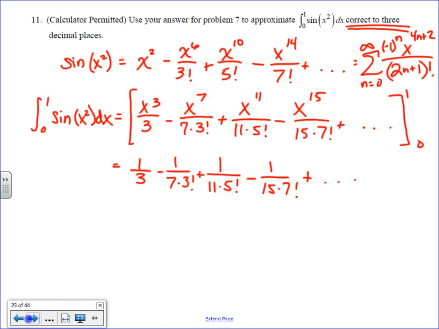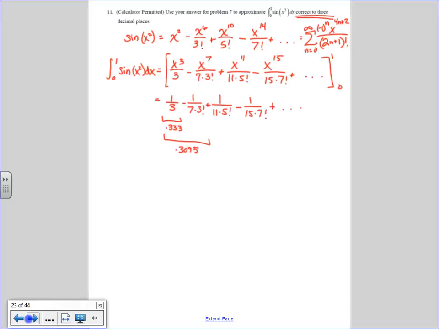Or I could say, hey, he's 0.333. He's 0.3095. I'm finding partial sums. I did the first and the second, the first, the second, and the third. This is off to the side. 0.3102.